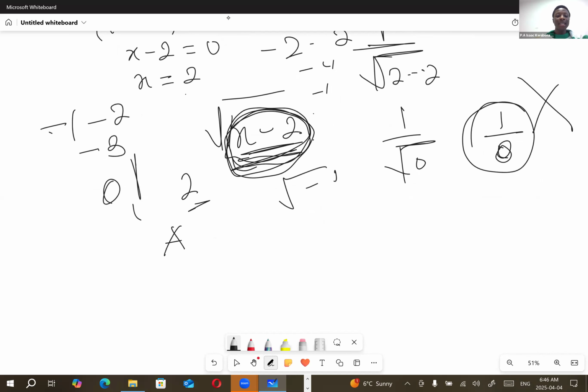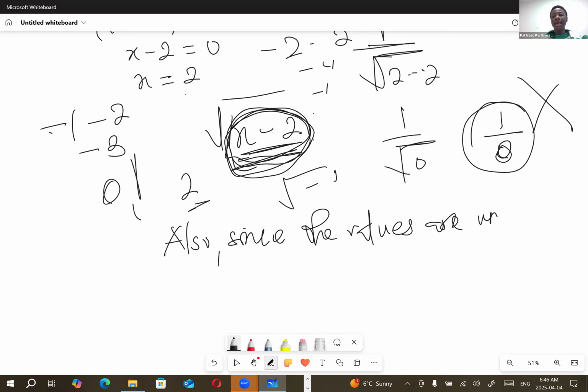You can continue after this, and you can talk also. Since the values are under a root, it is undefined.